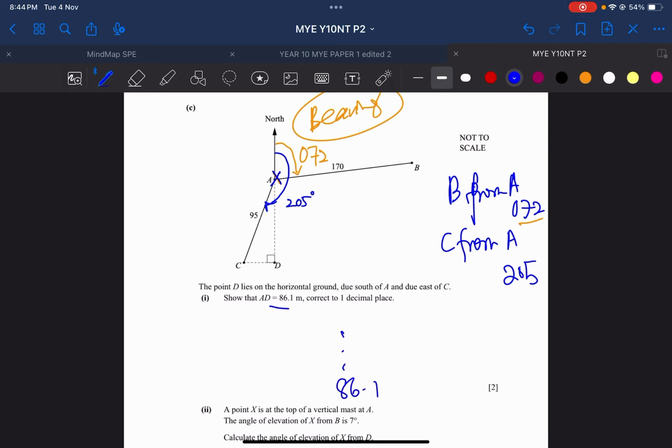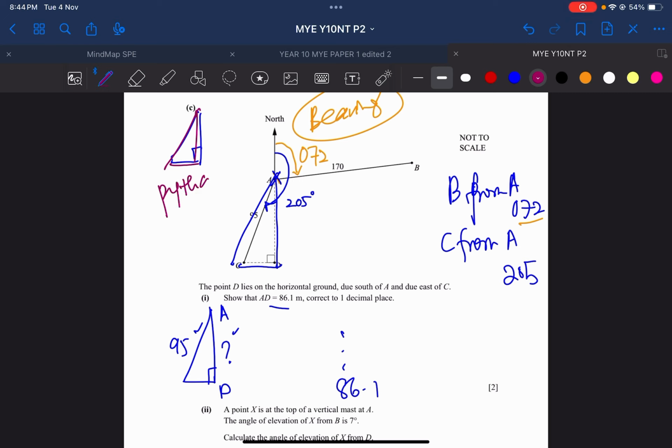Again, what do we know? So we're going to focus on this one. What do we know about this triangle? We want to find AD. So sini 95. That's length and length. Now keep in mind, kalau ia right angle triangle, ia inda banyak formula. Kalau right angle triangle, it's just going to be centered around Pythagoras theorem as we know it.